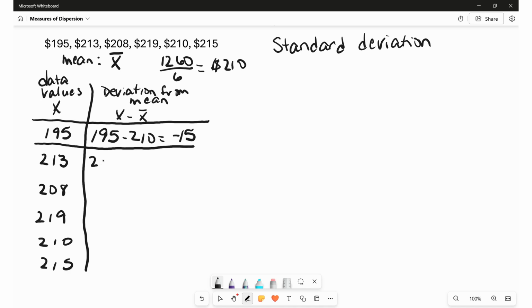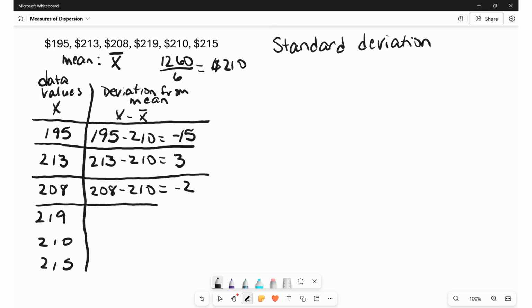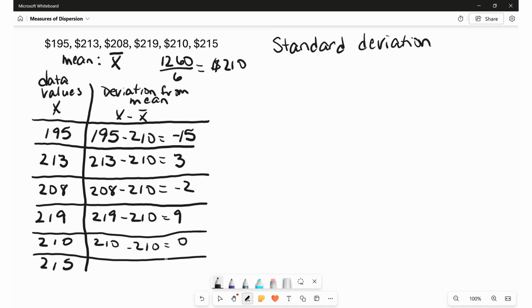And we do that with all of these. Each one of these, we calculate how far it is from the mean. And yes, it is possible to be 0 away from the mean.